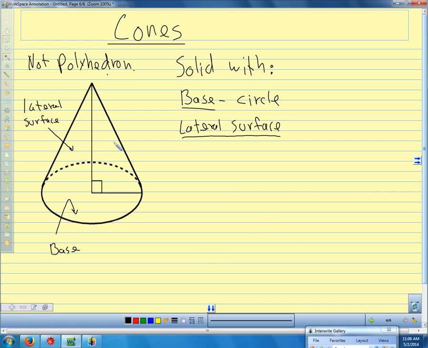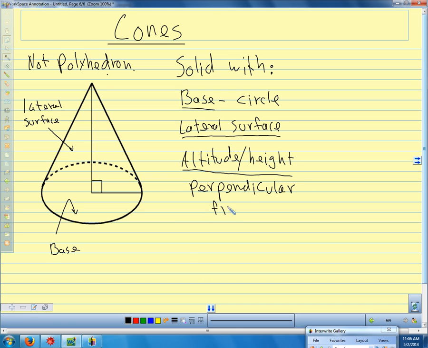Our altitude or our height, just like for a pyramid, is the perpendicular from the vertex to the base. So this segment, I'm just going to call it the height, is where we find the height.